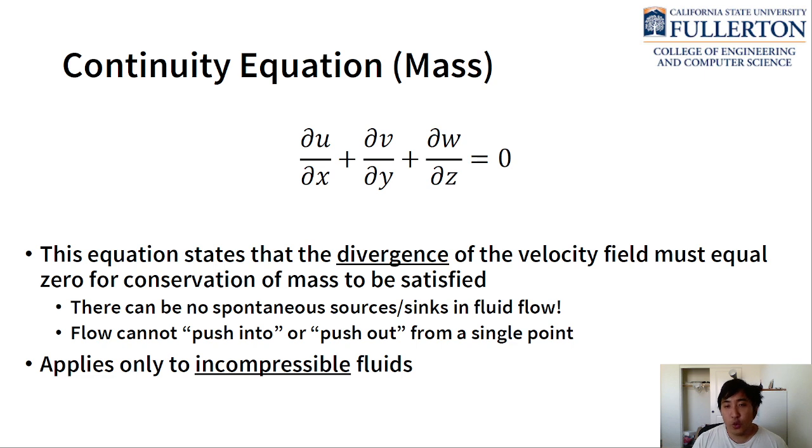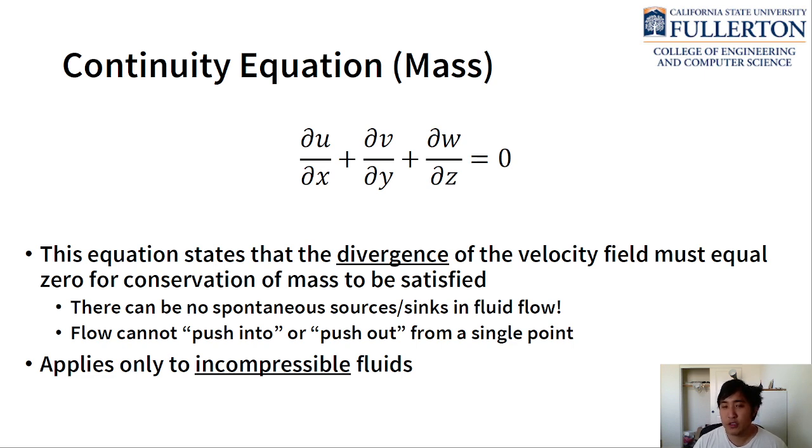If you know a bit about vector calculus, what you will see is that this equation expresses that the divergence of the velocity field must equal 0 in order for conservation of mass to be satisfied. What that basically means is that there can't be any spontaneous sinks or sources within the fluid flow.